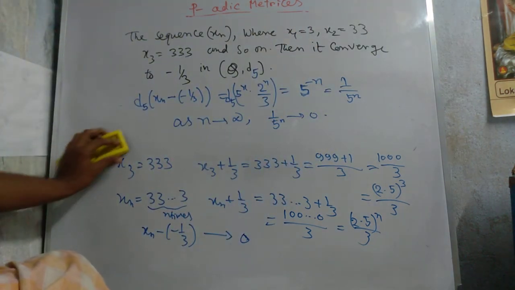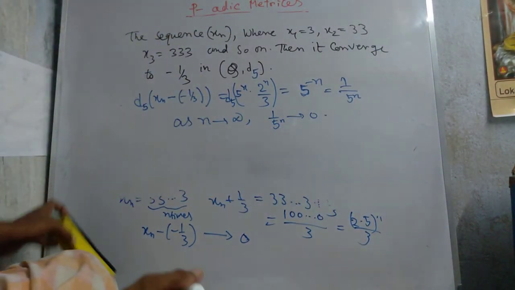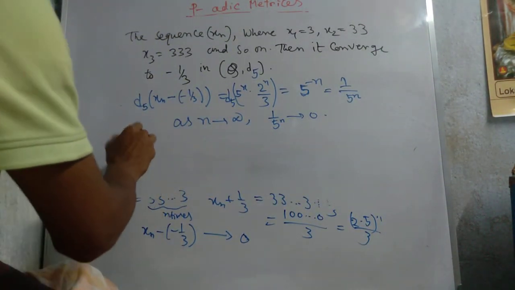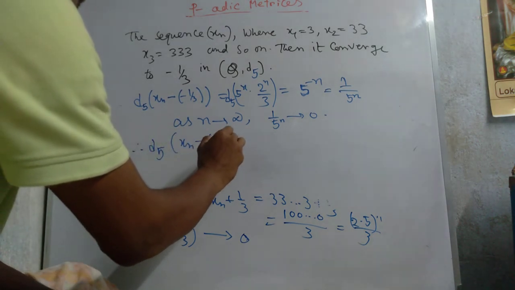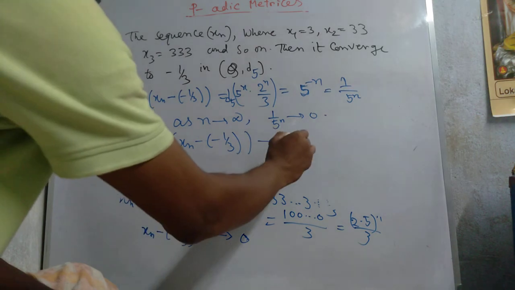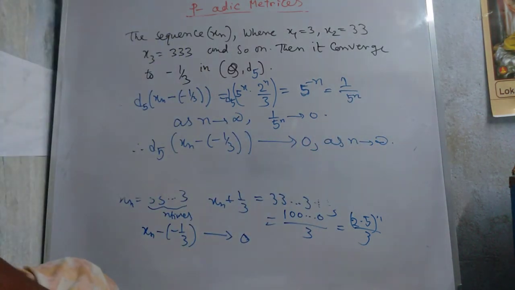So what do we obtain? We obtain d_5 of x_n minus (-1/3) tends to 0 as n tends to infinity.